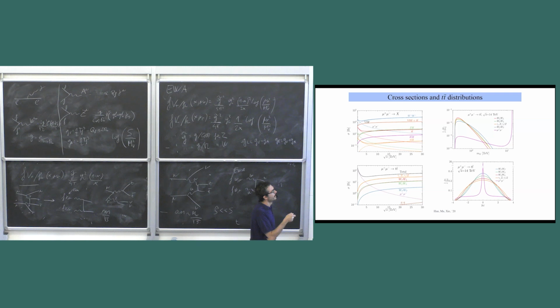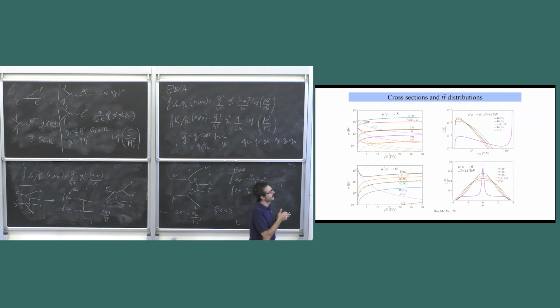And so, for example, you see that the more you go up in energy, the more the collider starts to look like a proton-proton collider, because here I'm plotting not only for t t-bar, but for different final states, the cross-section as a function of the energy of the collider.